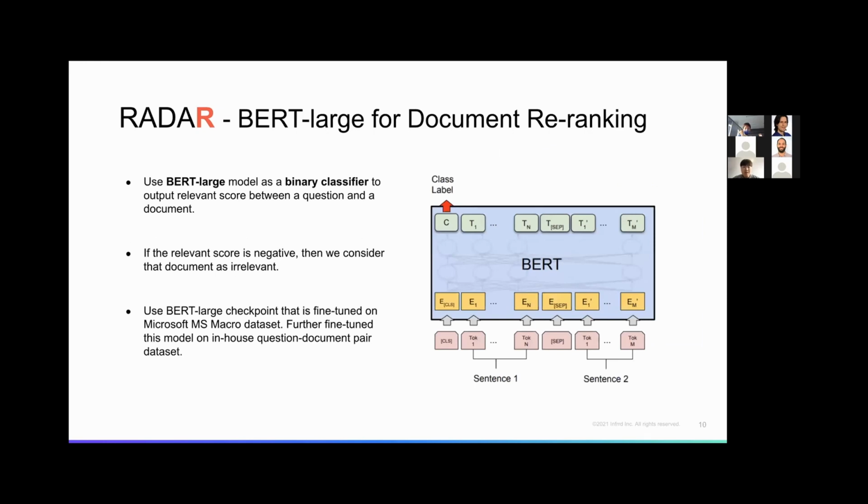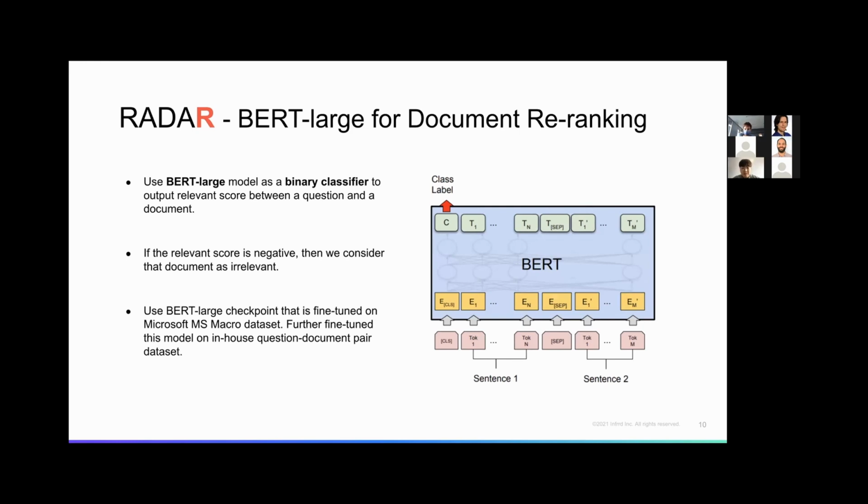After we get the initial set of documents from the fuzzy search algorithm, the next step is to re-rank them using a BERT large model. Since there are only a few questions provided in the sample set, we decided to use a BERT re-ranking model that's fine-tuned on the Microsoft MS MARCO dataset. We further fine-tuned the model checkpoint on in-house question-document pair datasets.